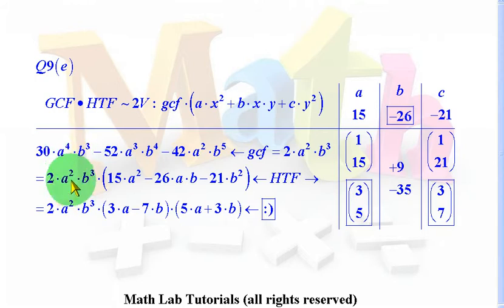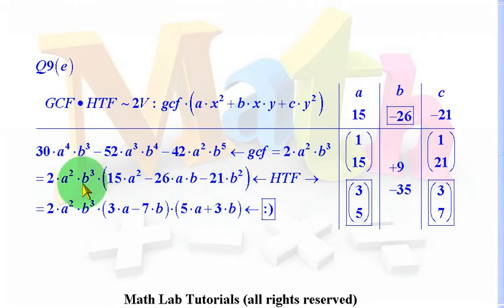Term 1 divided by the GCF will give you 15a squared. Term 2 divided by the GCF will give you minus 26ab. And term 3 divided by the GCF will give you minus 21b squared. You can do that slowly if you wish. It's just using exponent laws. That's all it is.